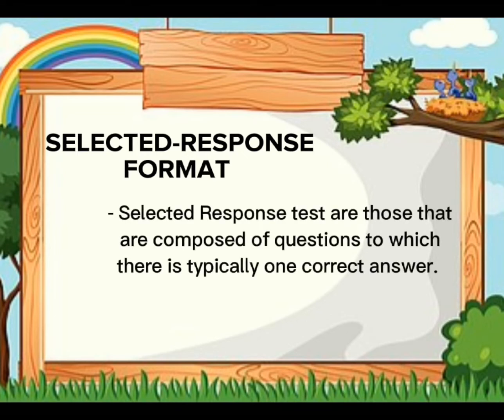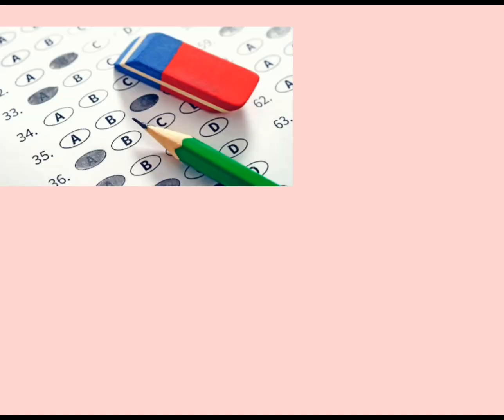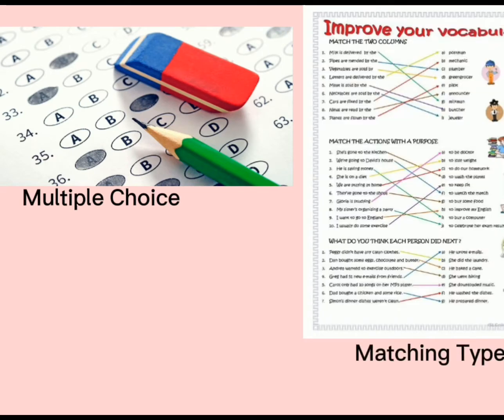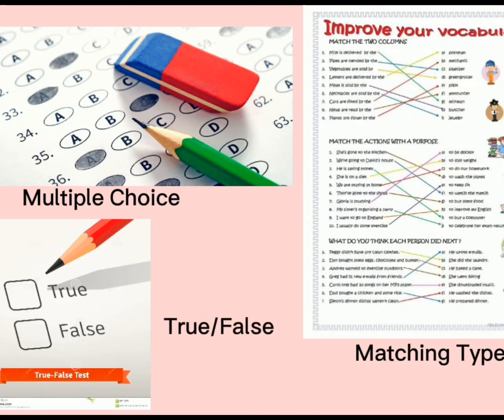Selected response tasks are those that are composed of questions to which there is typically one correct answer. It is an assessment that includes options such as multiple choice, matching type, and true or false questions.